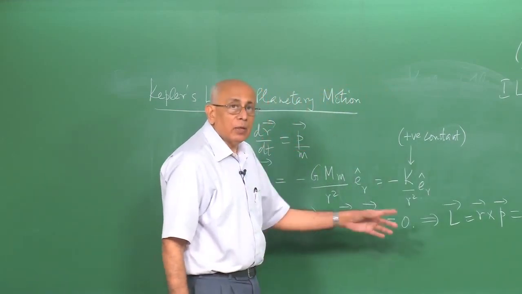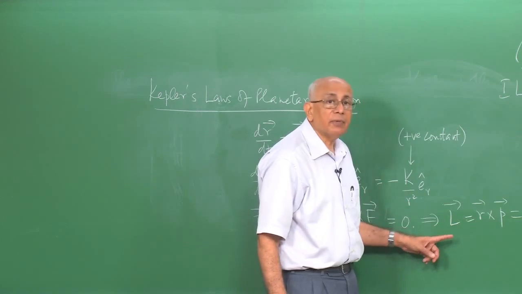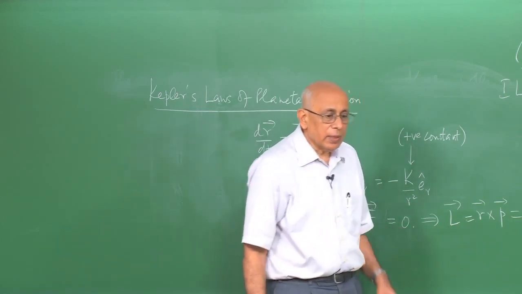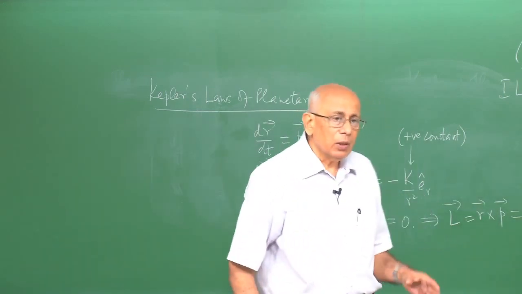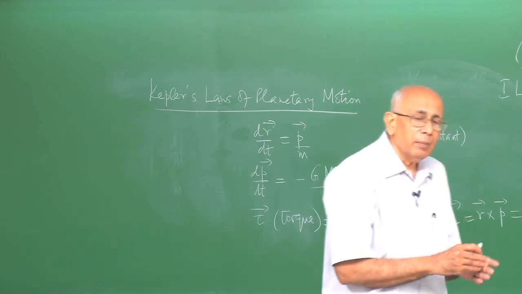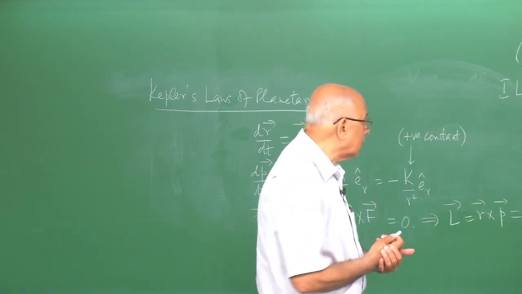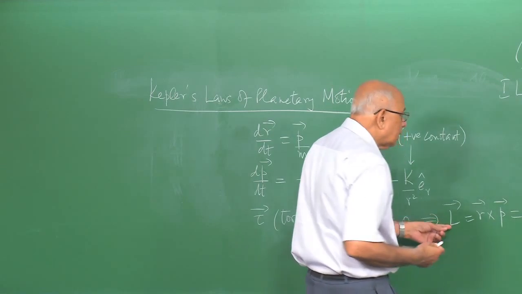Now when the orbital angular momentum is a constant of the motion, this is a vector. Therefore when you say a vector is a constant of the motion, not only is its direction a constant, but its magnitude is also a constant. And what does it mean to say its direction is constant?